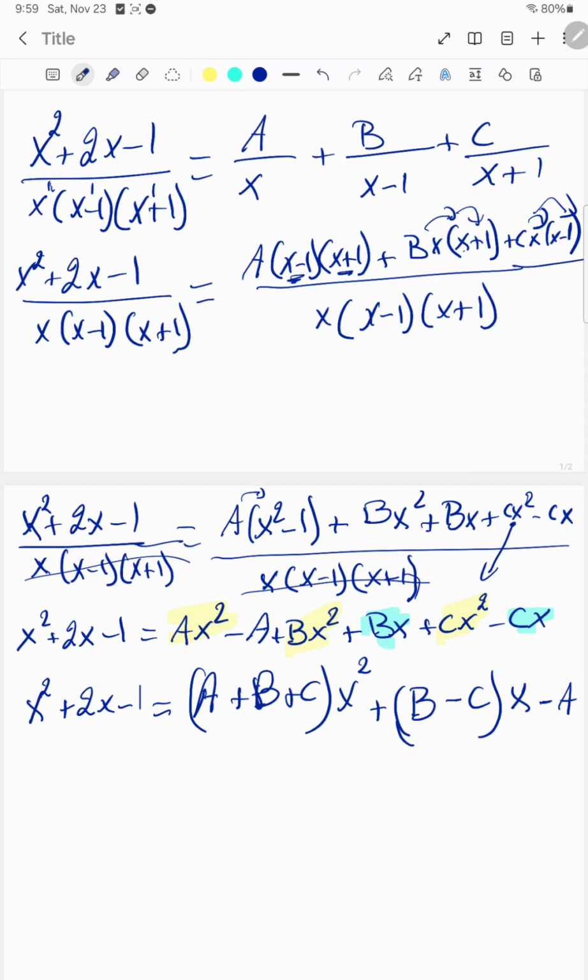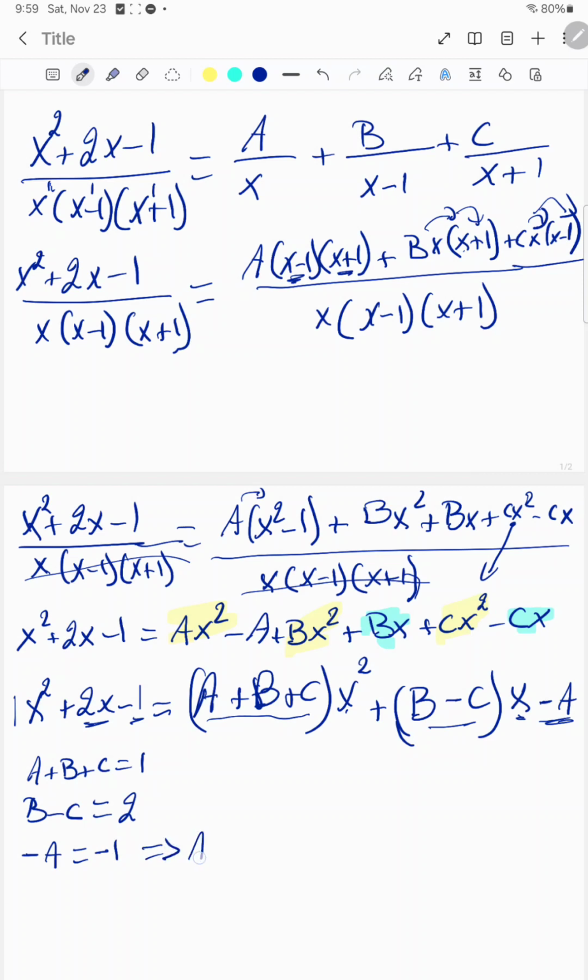So the coefficient of x squared here is 1, and the coefficient of x squared here is a plus b plus c. So I will deduce that a plus b plus c is equal to 1. And here the coefficient of x is b minus c, and the coefficient of x here is equal to 2. And the minus a does not have any variable, and the minus 1 does not have any variable, so minus a is equal to minus 1.